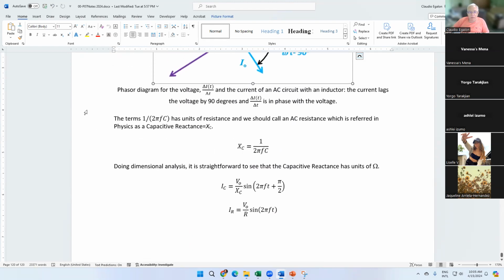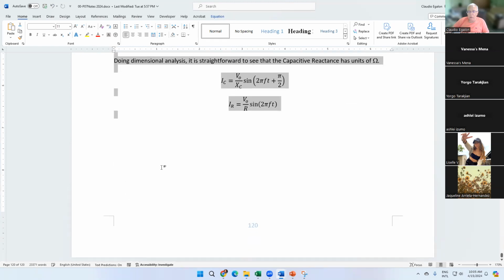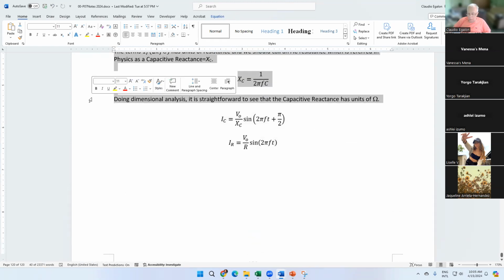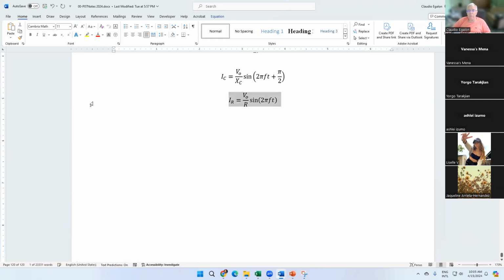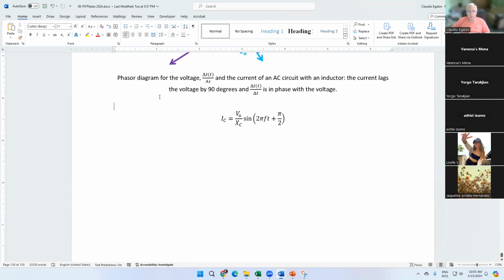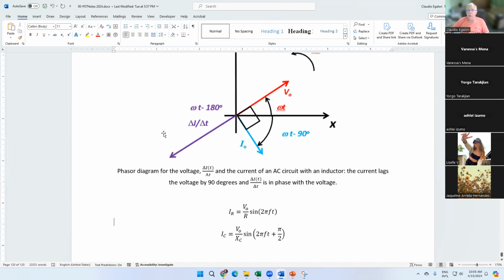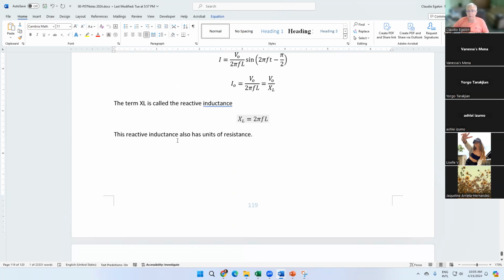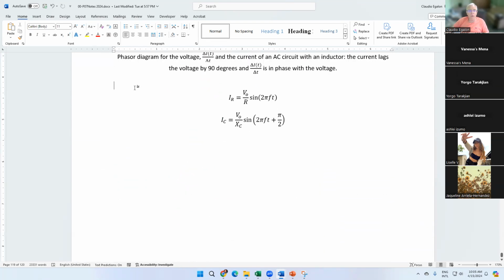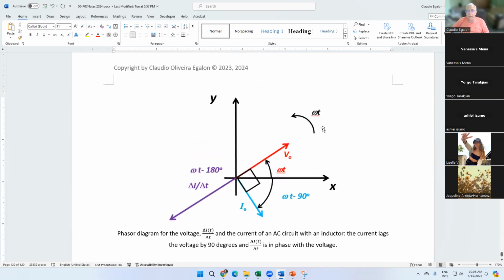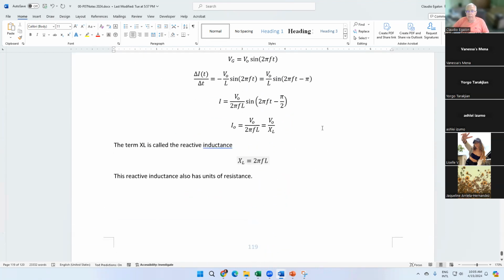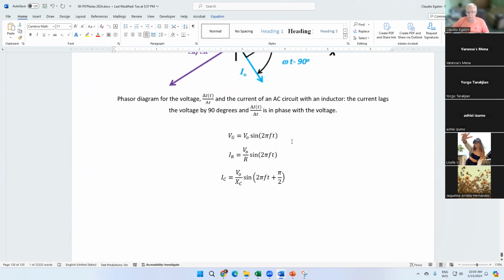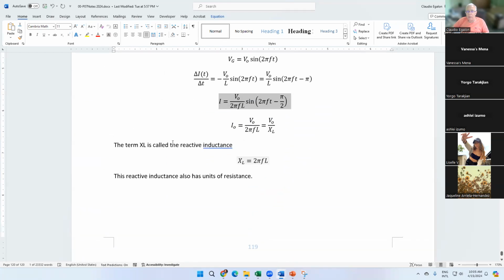Now I can put everything side by side. Right? Let's put the resistance first, the current. Okay, I'm going to state that the generator has this expression. Yeah, I want to use the other one.